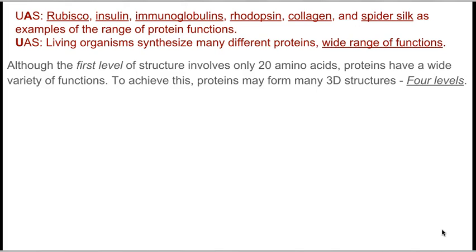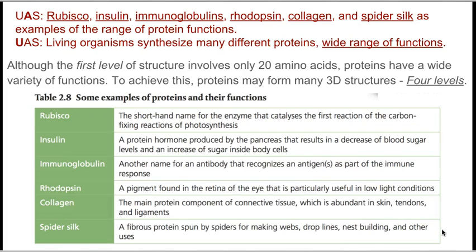Okay, back to these specific examples. Here's table 2.8 from your book with some examples of proteins and their functions. I won't read them all to you, but if we just pick out some highlights here, we can see that rubisco is an enzyme which is important in photosynthesis.